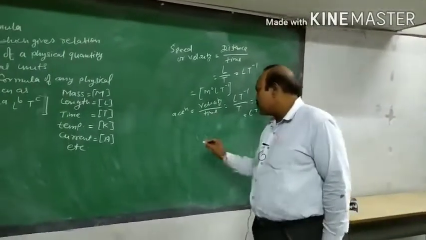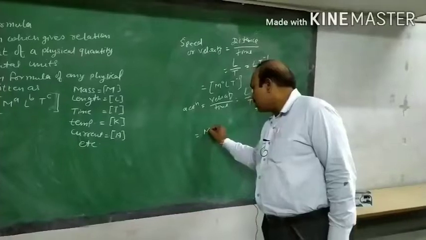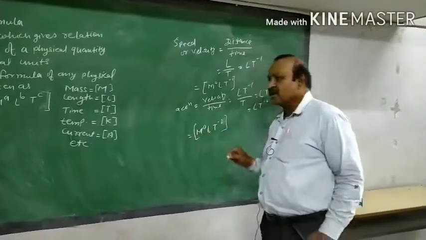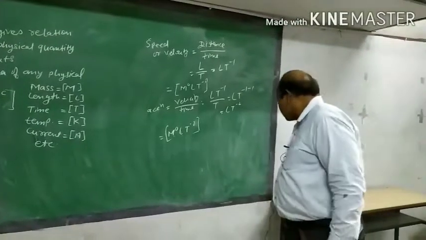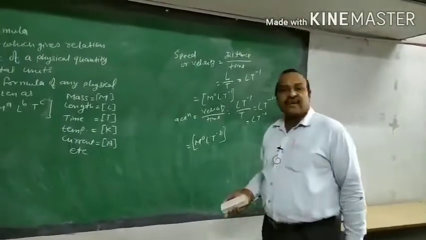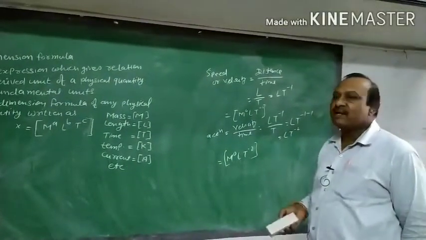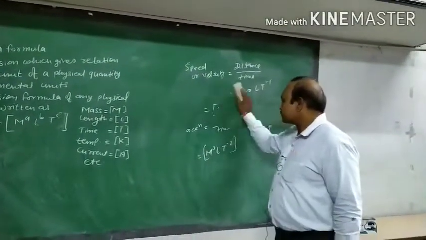So the dimension formula of acceleration will be M0 L T to the power minus 2. Okay. So you see, we can find the dimension formula of any physical quantity if we know about it.